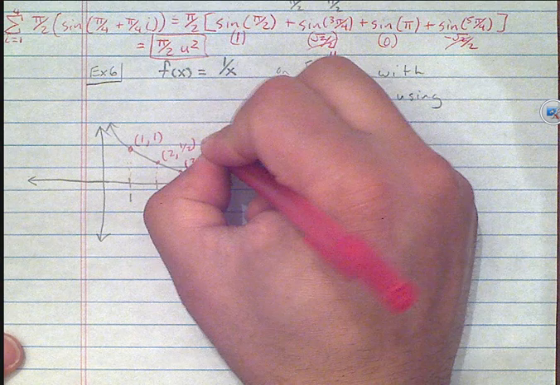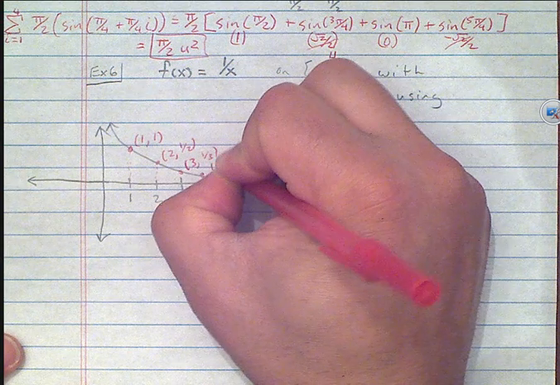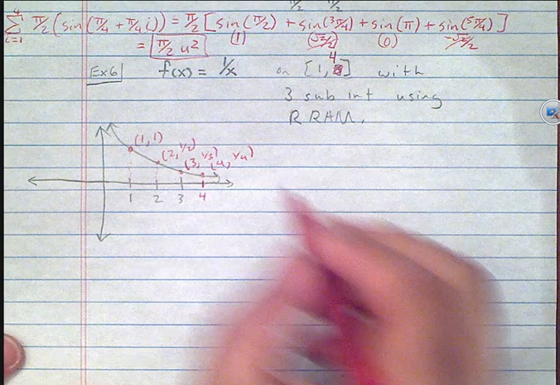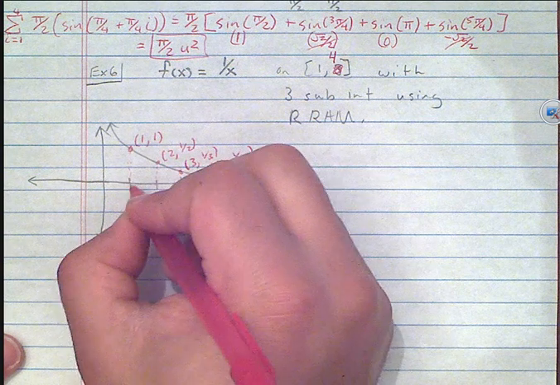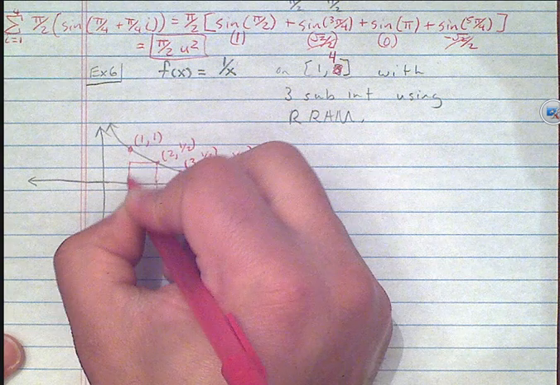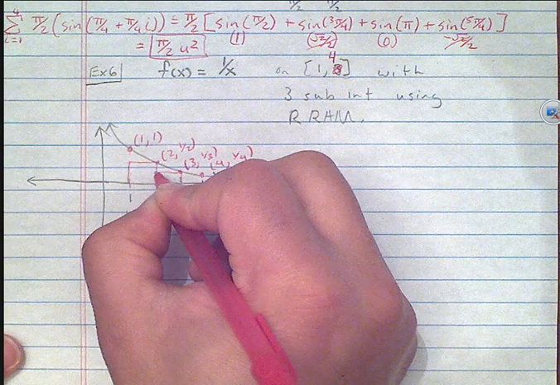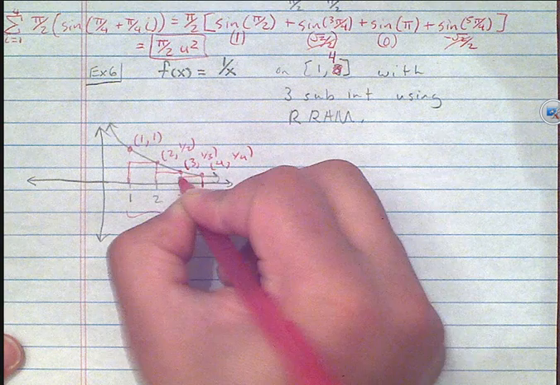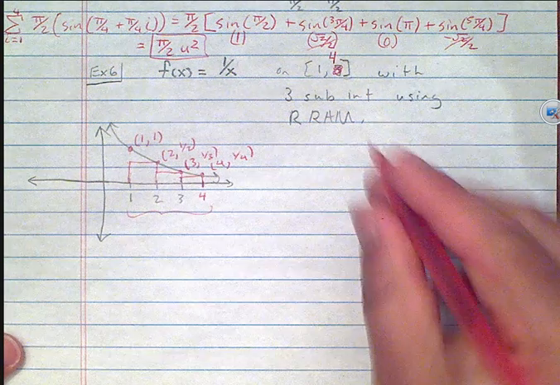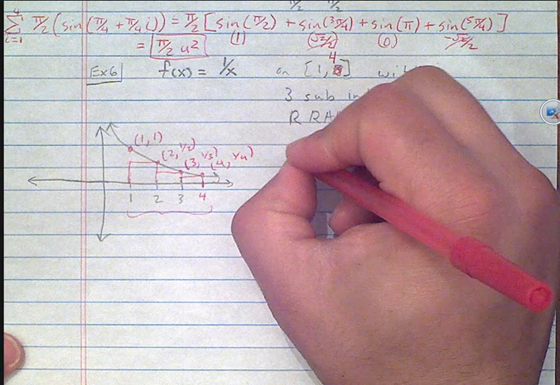And then 4 comma plug in 4, you get a fourth. Alright, so I can figure this out the easy way because it's RRAM on the interval 1 to 4, and so my rectangles have right endpoints. Yeah, so that would be easy to do, but of course we can't do it the easy way. Don't you love it? We've got to use our summation.